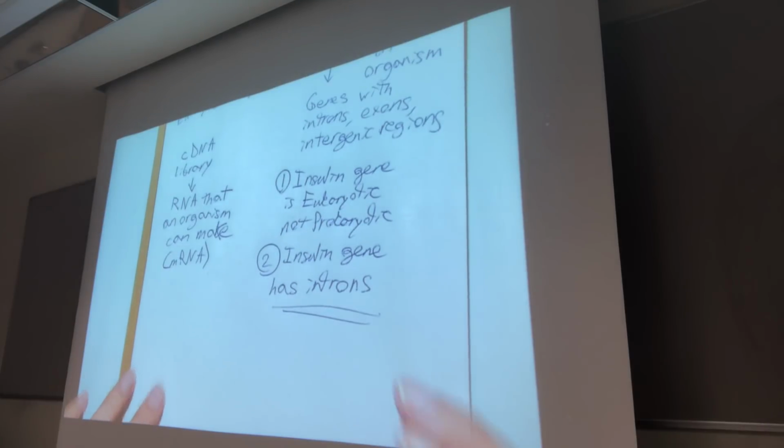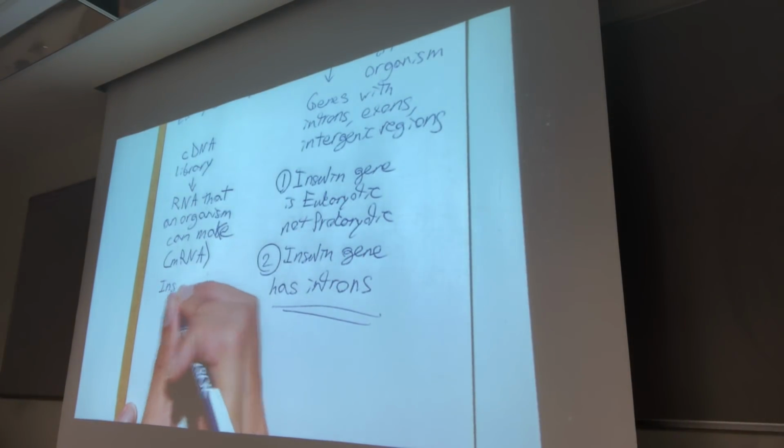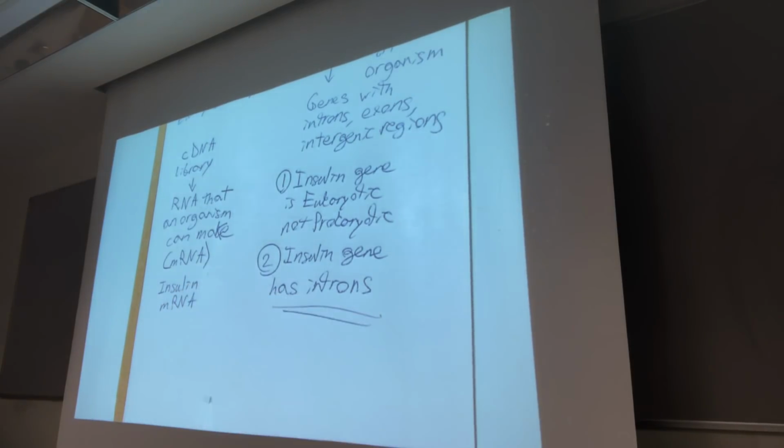So what we found out we could do is, why not just take insulin mRNA, which, does anyone know, fully finished insulin mRNA, does it have any introns in it anymore? No. Insulin mRNA, mature mRNA, is just the exons. It's just in its completed mRNA form, ready to be translated into insulin.